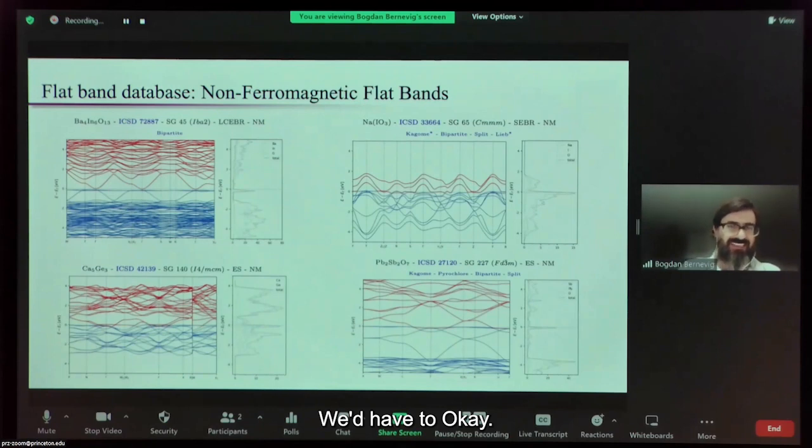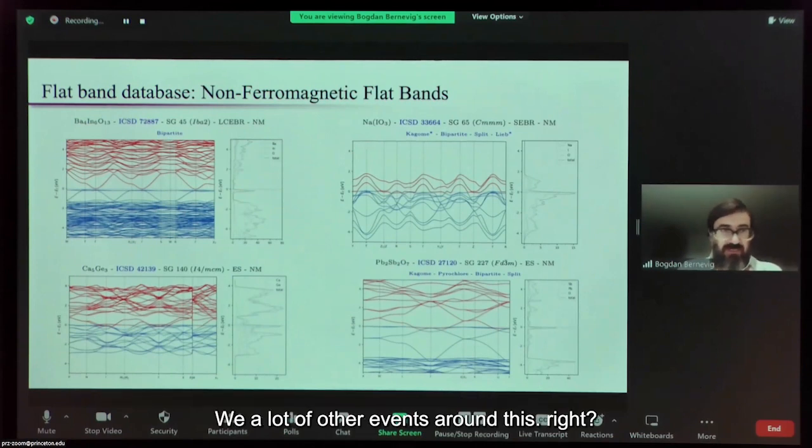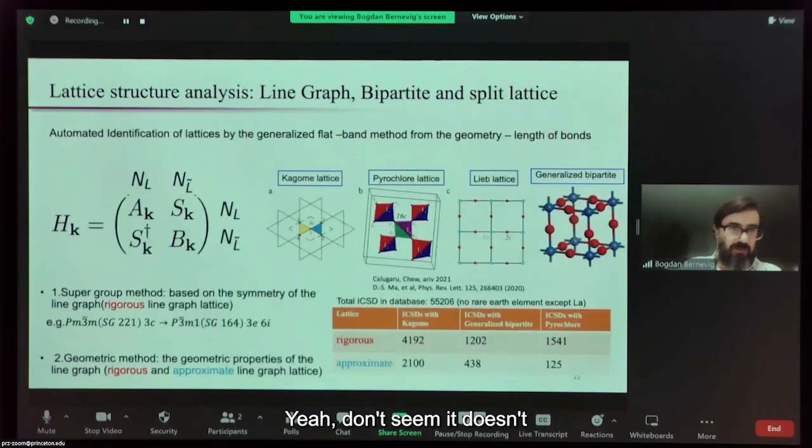You're very correct. It doesn't seem so, and the reason is that nature likes Kagome and pyrochlore. You can prove that these have degeneracies. So indeed, you're very right that nature somehow doesn't seem to like isolated flat bands. What you want is isolated flat bands that are topological.